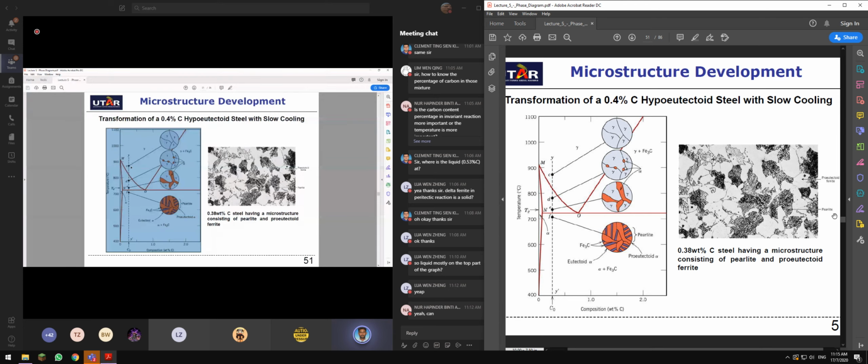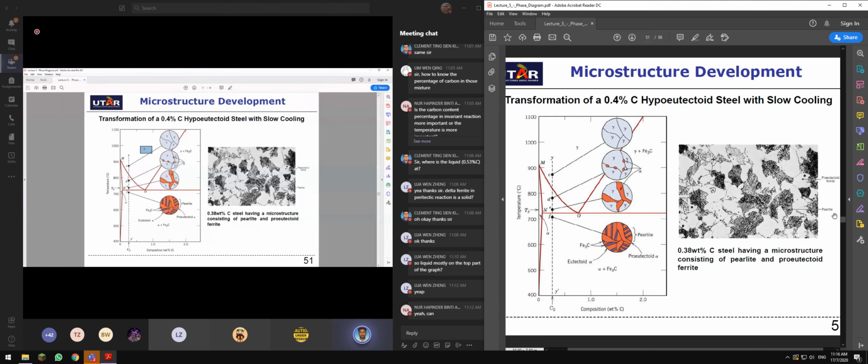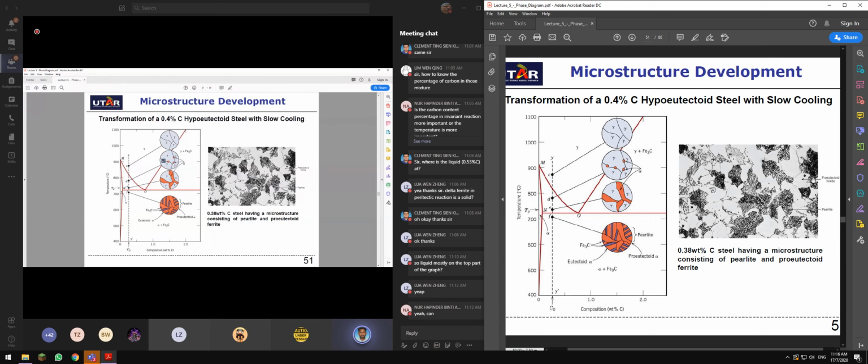As I cool down, in the austenite region, solid austenite, it transforms into ferrite first. Small changes happen in ferrite. When I cool further, this ferrite expands further.